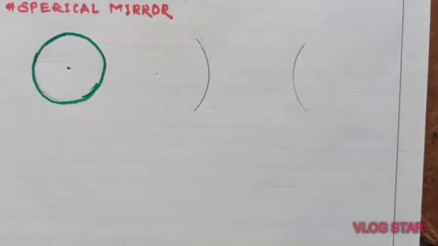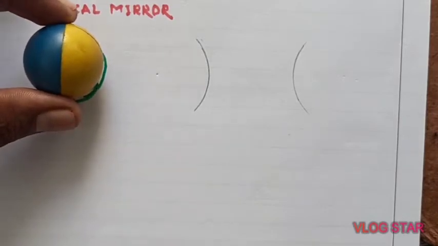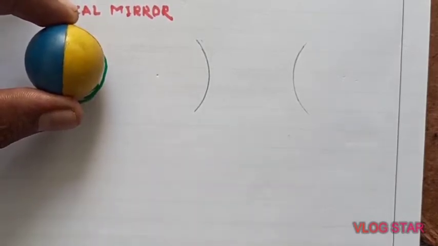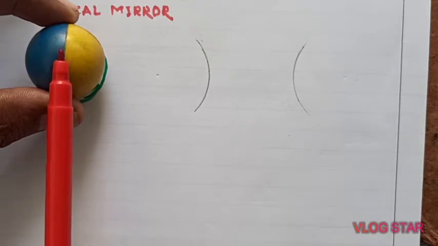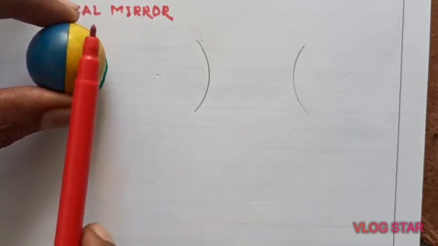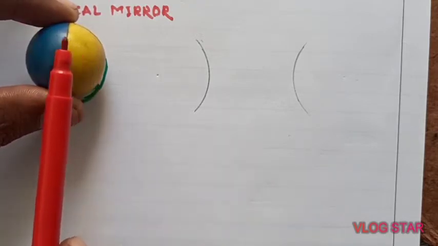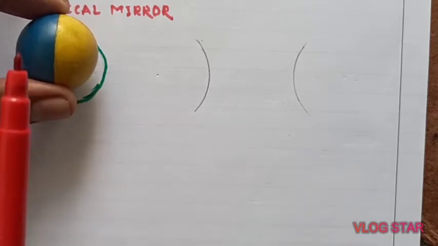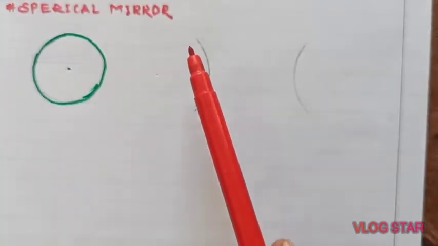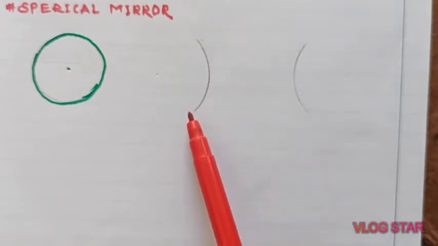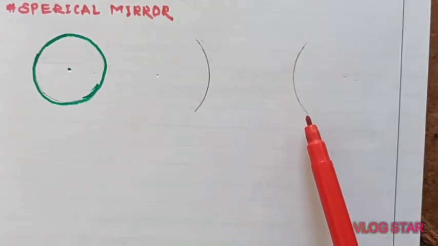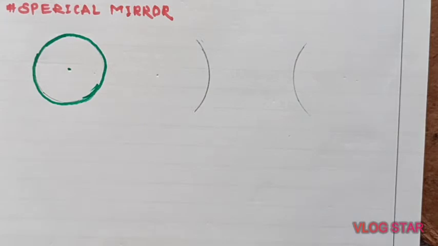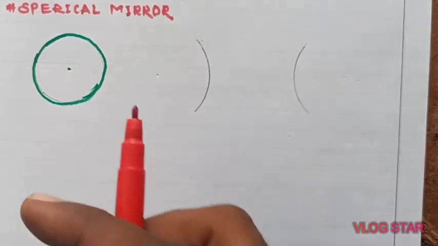What are spherical mirrors? Suppose we have a sphere like this, and if I cut it from here, then I will have two portions, and suppose this sphere is hollow from inside. So I will get sections of that. The sections may be like this, facing this side and facing the opposite side.